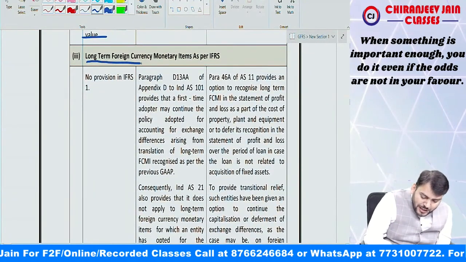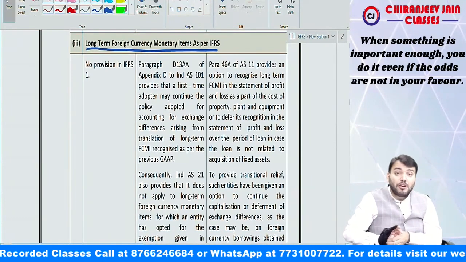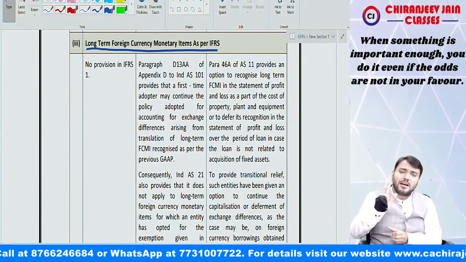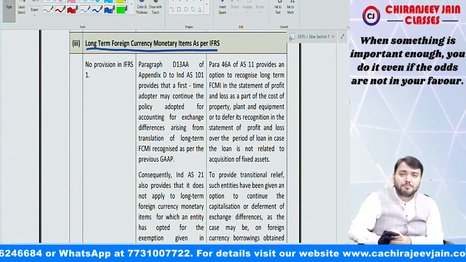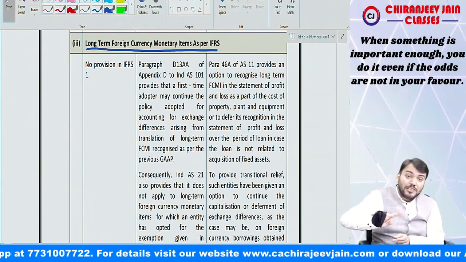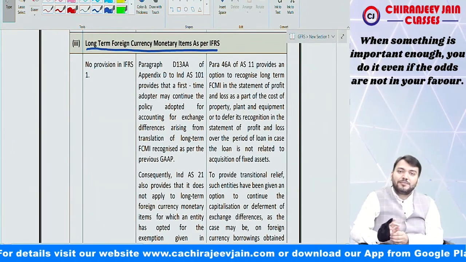Then long-term foreign currency monetary items as per IFRS. If you remember, under AS 11, there was para 46 and 46A. And due to that para, some options were given to the entity.